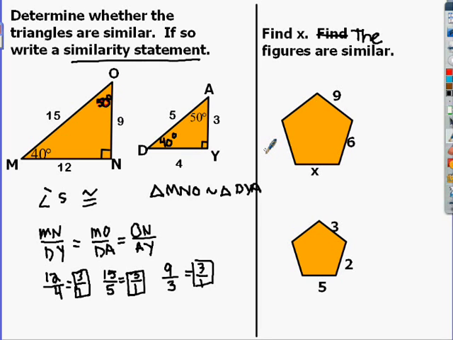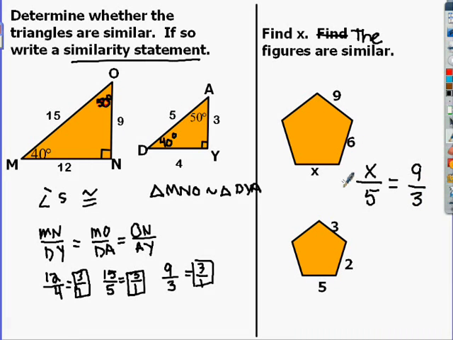So I know all corresponding angles are congruent and all corresponding sides are proportional. So if I'm looking for x, that corresponds with, in this second pentagon, 5. 9 corresponds with 3. So I can use that as the other side of my proportion.